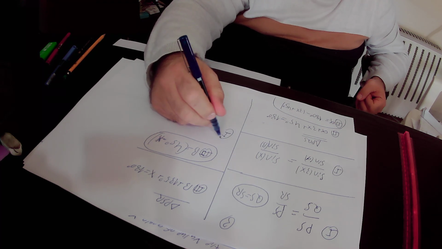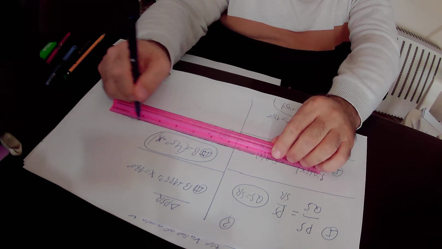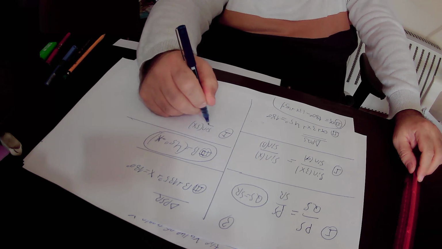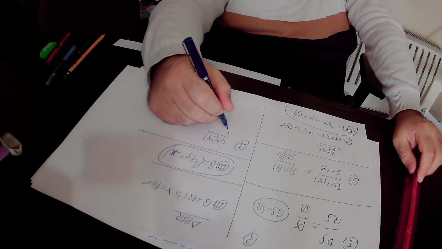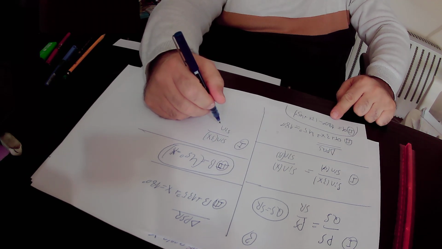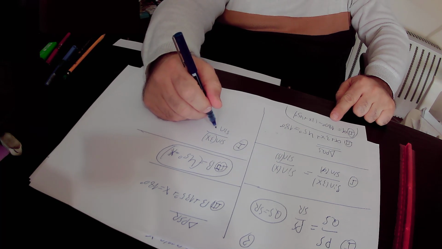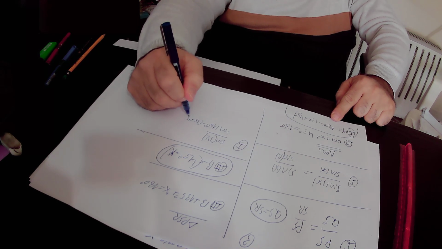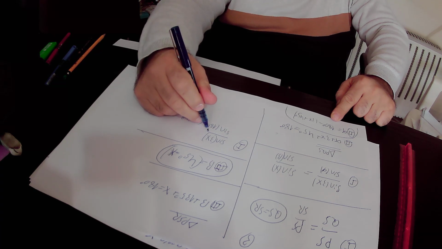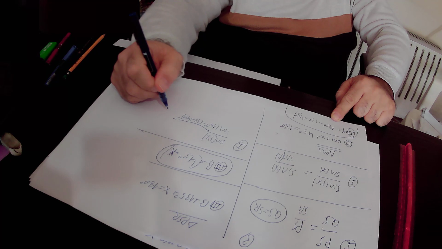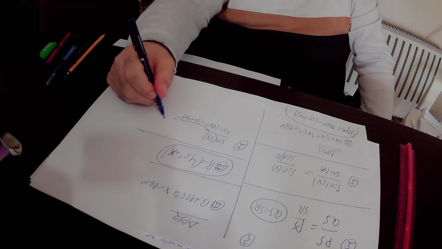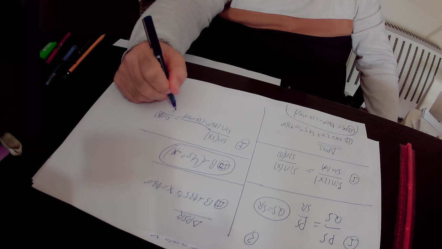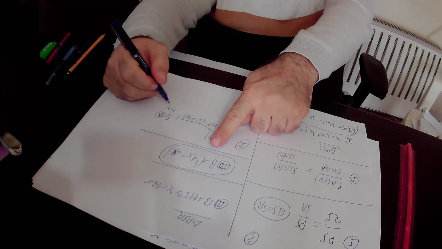We will get that according to equation number 1, sine 3x over sine alpha, and according to equation number 2, alpha equals 180 degrees minus 3x plus 45 degrees, and it equals sine x over sine beta, and according to equation number 3, beta equals 45 degrees minus x.